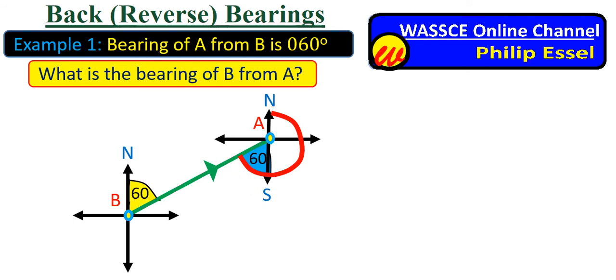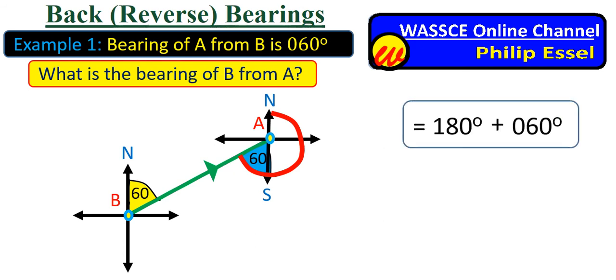Remember, when you move from the north pole to the south pole, you have moved 180 degrees. And when you move from the south pole to the green line, you have moved 60 degrees. So the total movement will be 180 degrees plus 60 degrees.